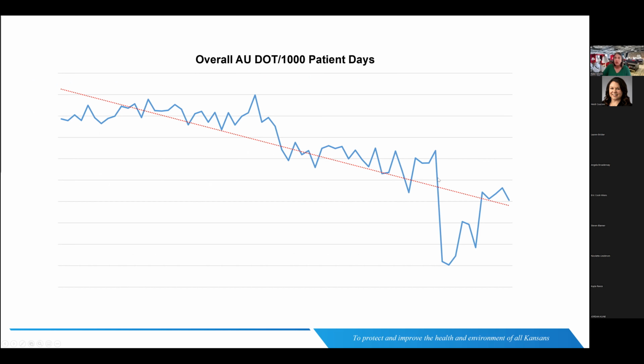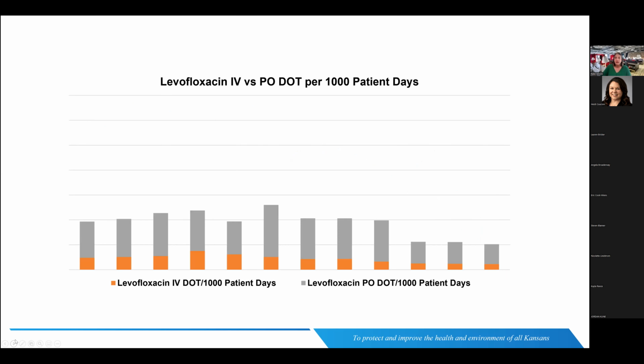Ignore this huge drop here towards the edge of the graph. I think you all probably have seen this with COVID, where antibiotic use and patient admissions were way, way down. So this is kind of a weird blip here. But anyways, this is just an example of kind of what you're looking at with overall AU. But again, it doesn't necessarily give you the level of detail sometimes that you'd want.